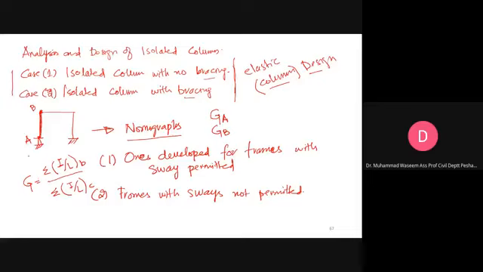Now we have a special case here. At this point we do not have any beams. This is a support condition, and if we have a support condition like this and it is a part of a frame, we assume a G value of 10.